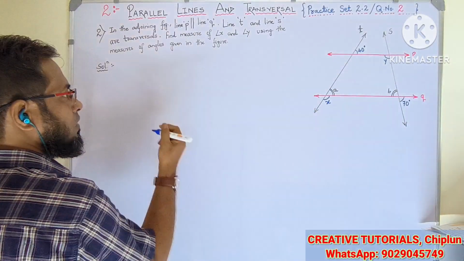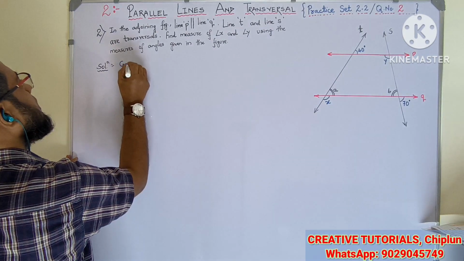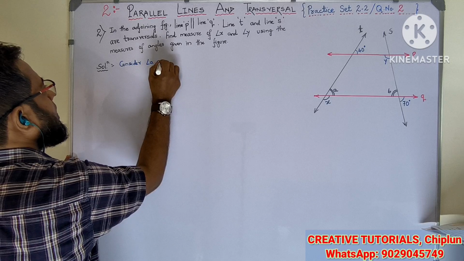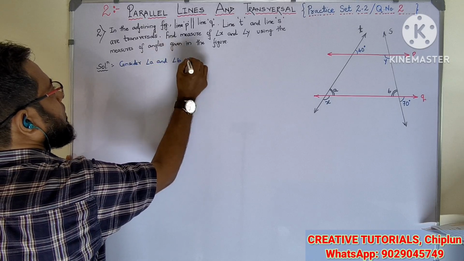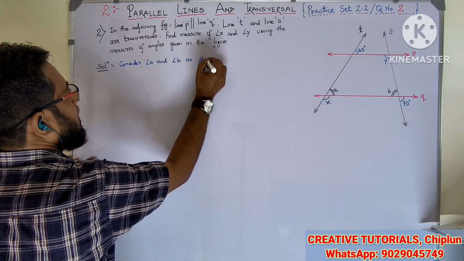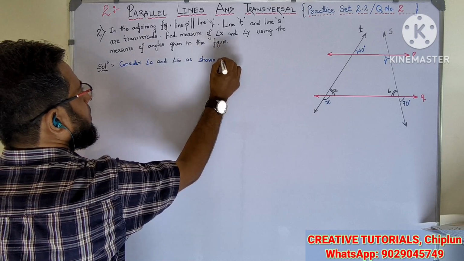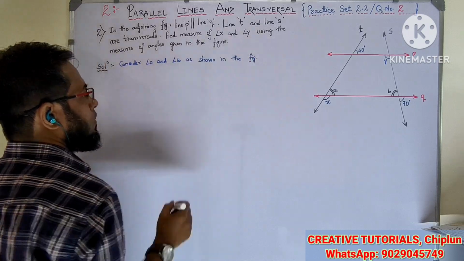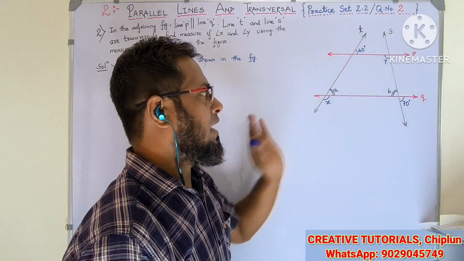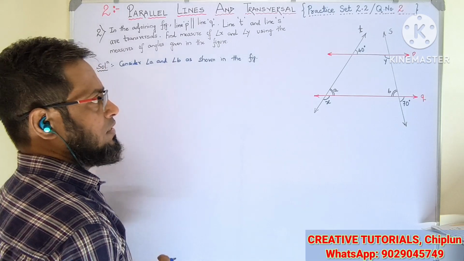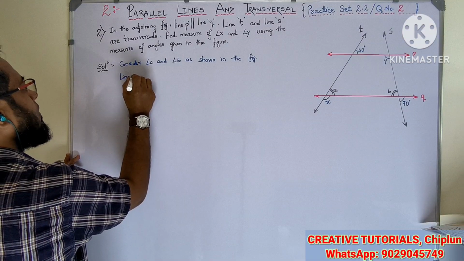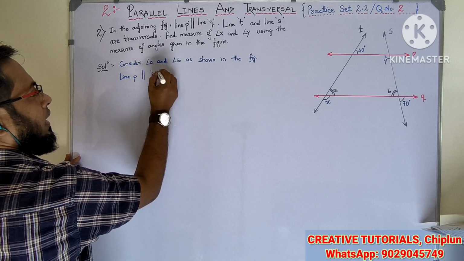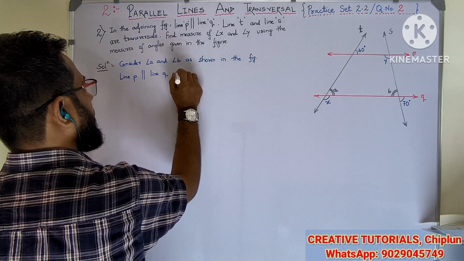Since we have assumed these two things, let us first pen down here: consider angle A and angle B as shown in the figure. Now line P is parallel to line Q, given.